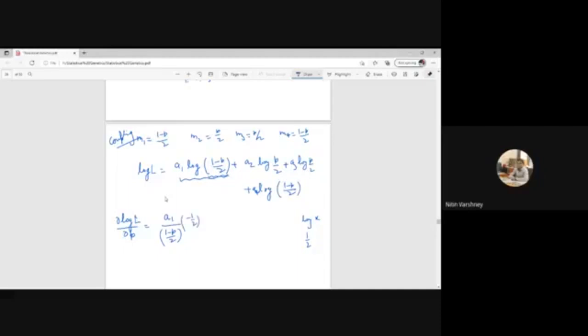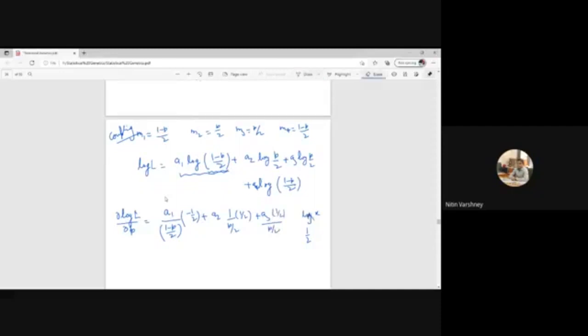So this will be minus half. Similarly, a2 times 1 upon p/2, and this will be plus half, plus a3 divided by p/2, times 1/2, plus a4 divided by (1 minus p)/2 into minus half.